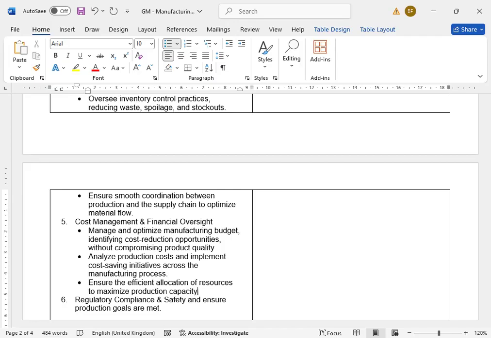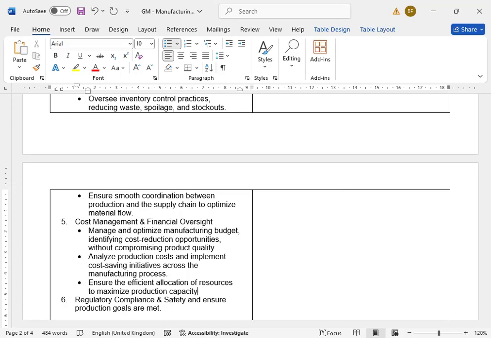You know what? If your production plant or manufacturing plant is underutilized, only utilizing 50% of the capacity, then your cost will go up, and it will impact the profitability of the business.